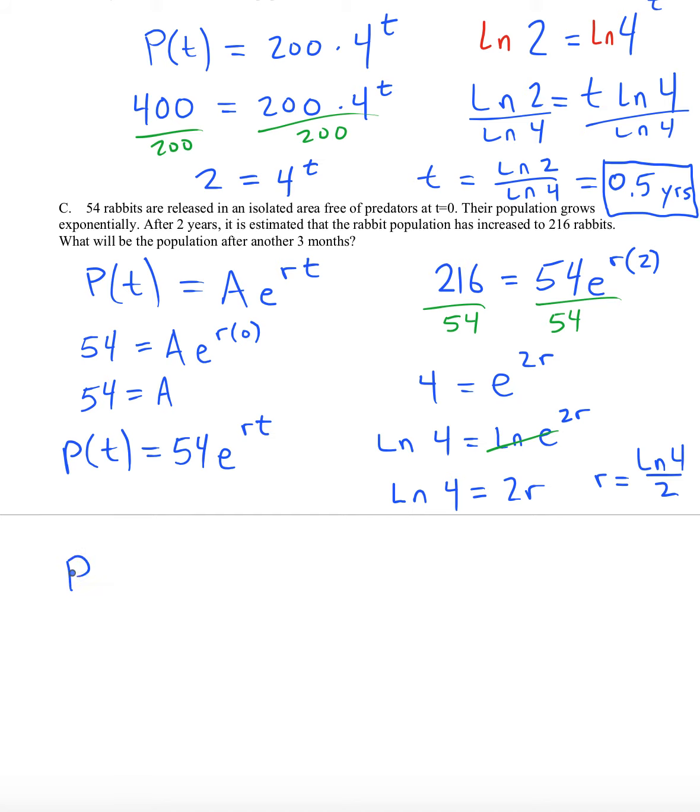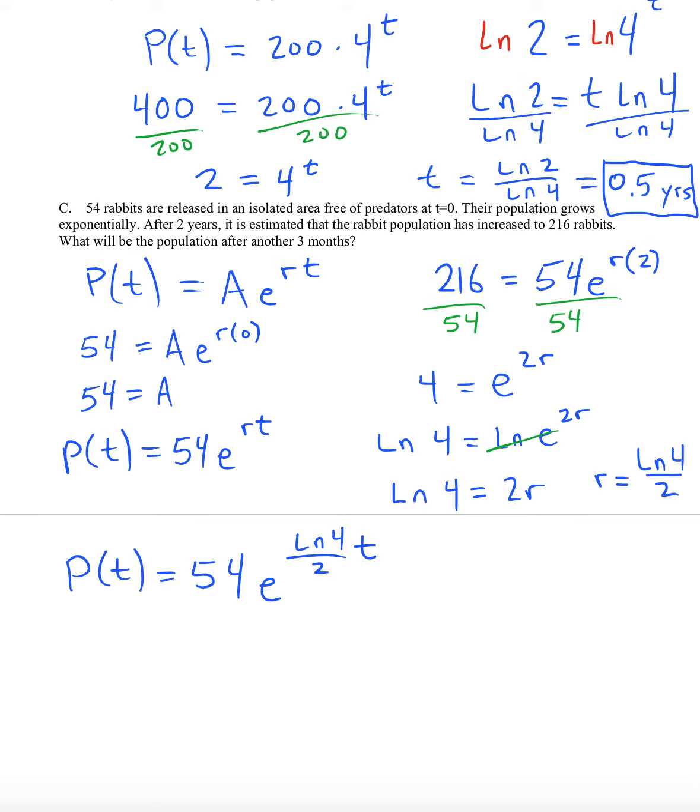We want to finish constructing our function. This is our function describing the rabbits' population growth. They start at 54, and then as time goes on, they grow according to an r of ln 4 over 2.